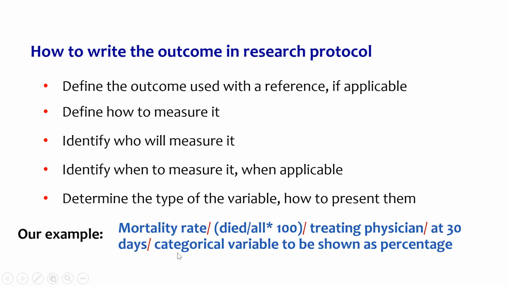Of course, المortality هو categorical variable and usually shown as percentages. Don't bother yourself with this paragraph because we will talk about types of variables and how to present them.